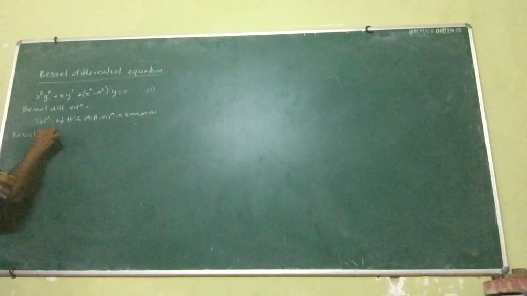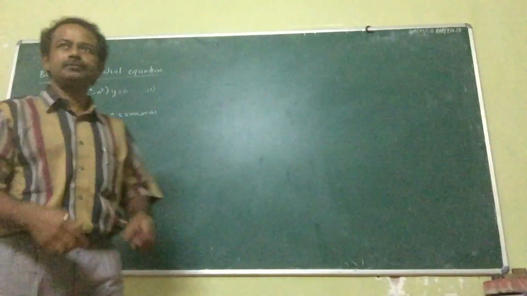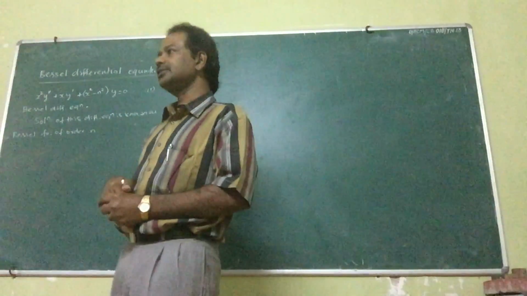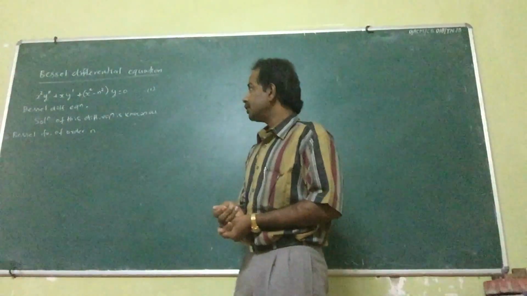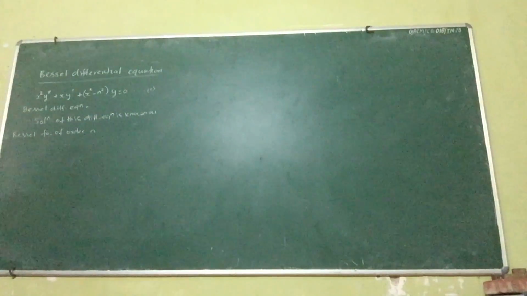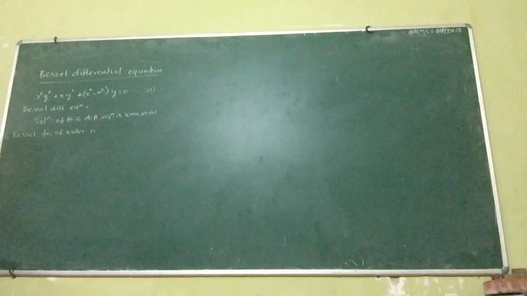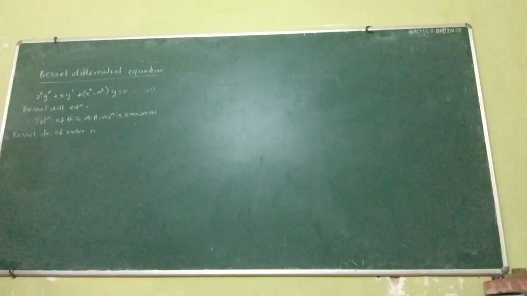The solution of this kind of differential equation is known as the Bessel function of order n. So there will be Bessel functions of first order and second order. As we have seen earlier with the algebraic differential equation, we had polynomials of the first kind and polynomials of the second kind.